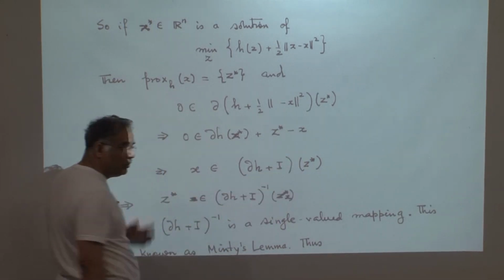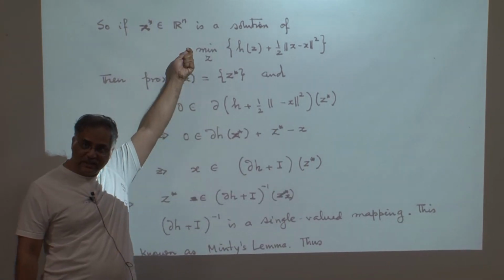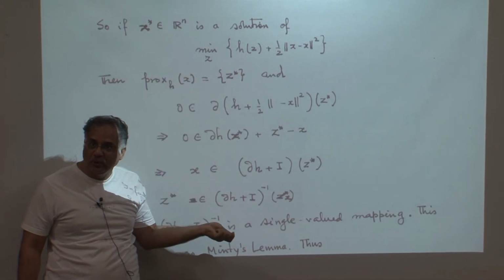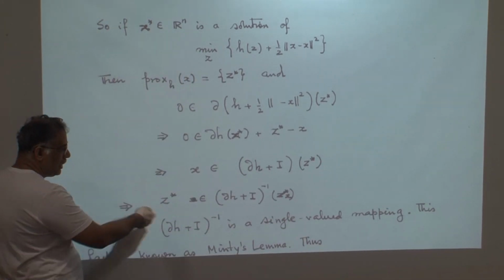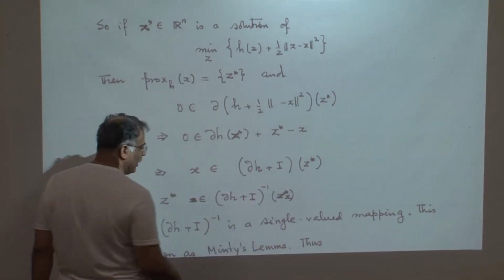So what is that z star? How do you compute it? See, we have not really computed z star. We said that there is a z star which will exist, and so we are trying to now compute the z star.